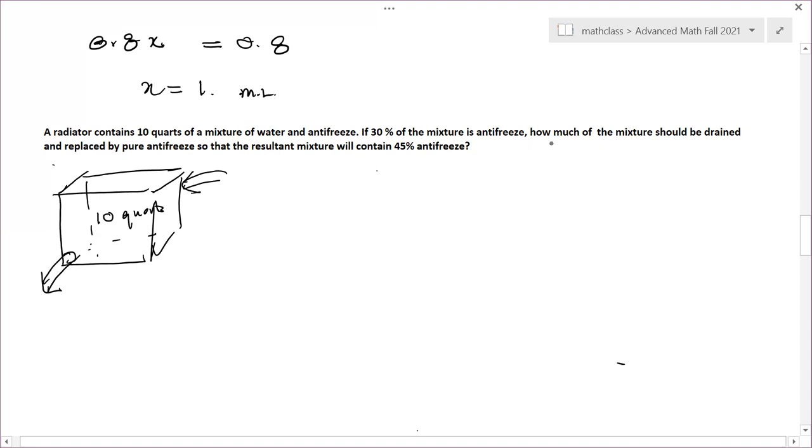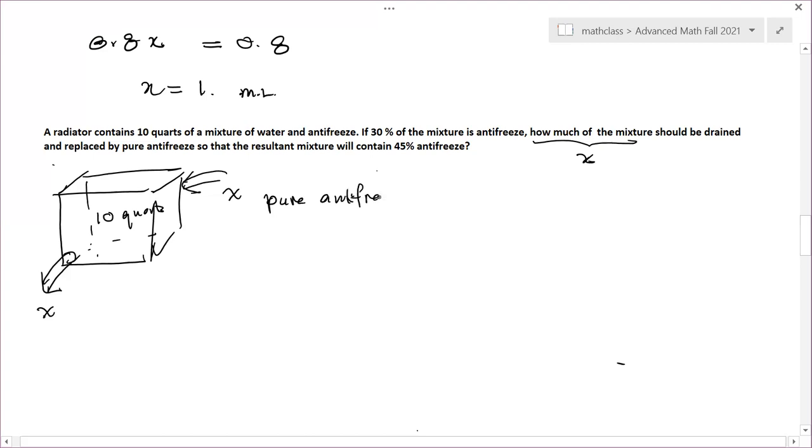How much of the mixture should be drained? We call it X quarts. This will be drained X quarts, then replaced by X quarts of pure antifreeze. That's why this tank is still full.